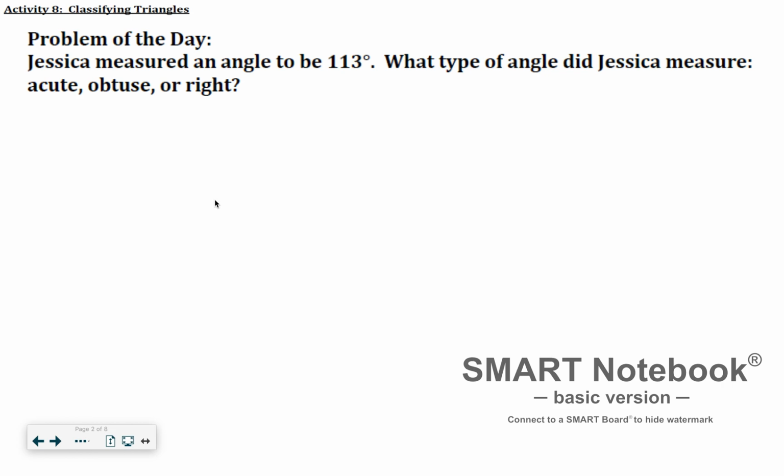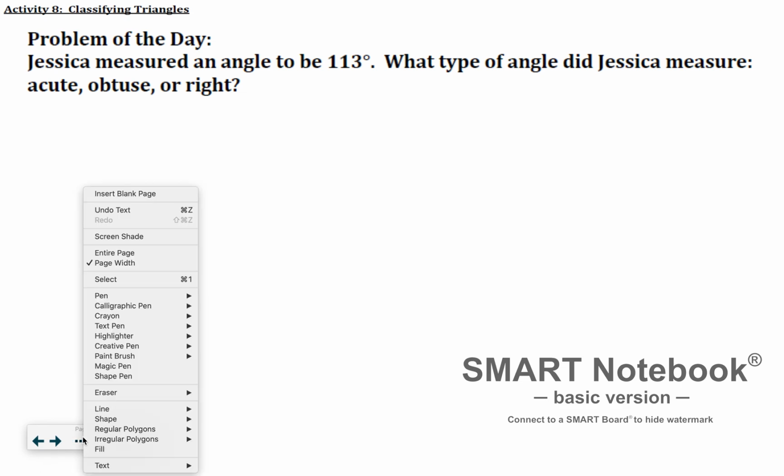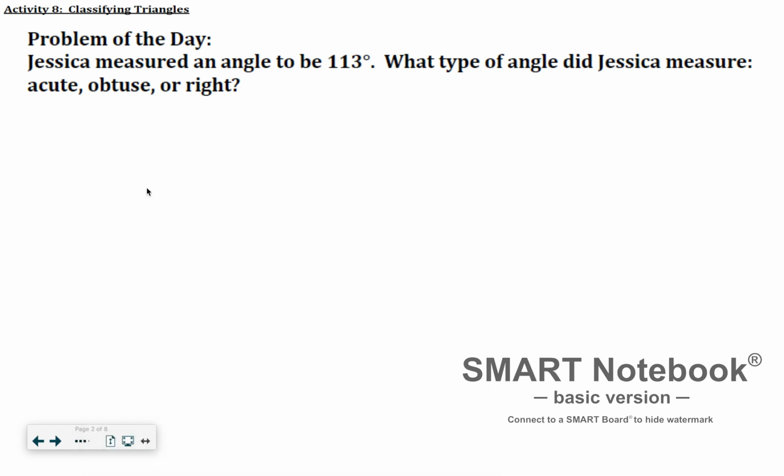Jessica measured an angle to be 113 degrees. What type of angle did Jessica measure? Acute, obtuse, or right? Well, I know that a right angle is 90 degrees.